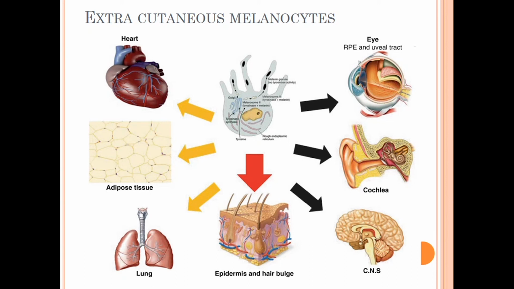In addition to those already pigmented areas, unnoticed structures like the eye, including the retinal pigment epithelium and the uveal tract, the cochlea of the inner ear, the CNS, including the leptomeninges and the brain matter, heart, adipose tissue, and lungs are also found to have extracutaneous melanocytes.